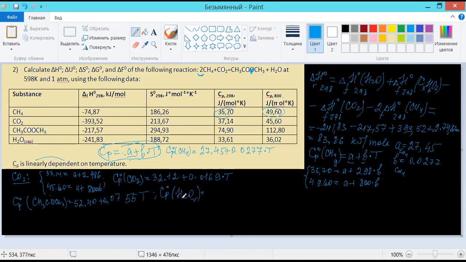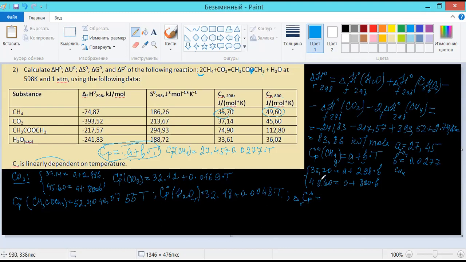This equation is the following: 32.18 plus 0.0048 times T. Now I guess that we are ready to calculate delta Cp for the reaction using the same algorithm.